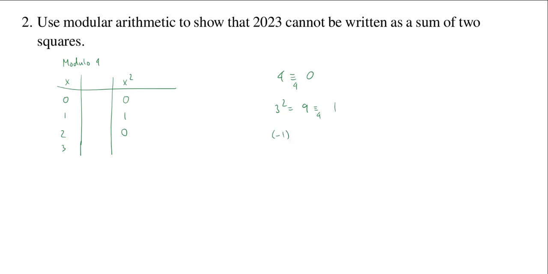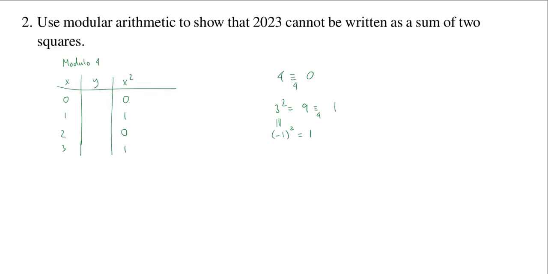Alternatively, modulo 4, 3 is the same as negative 1, and so if I square it, I get 1. 3 is congruent to negative 1, so 3 squared will be 1 modulo 4. So what you can see is that the squares are either 0 or 1 modulo 4.